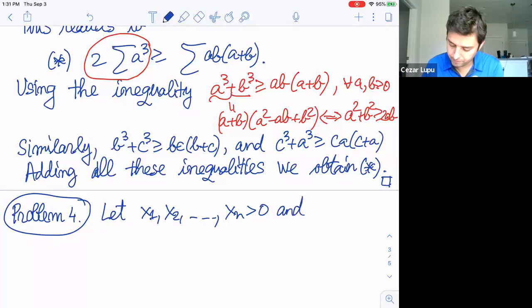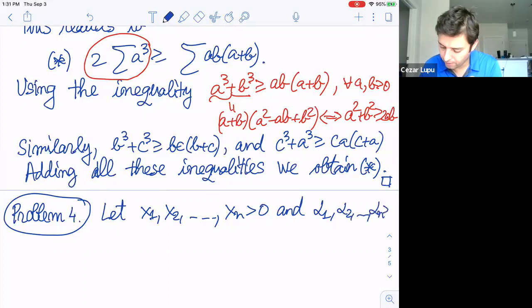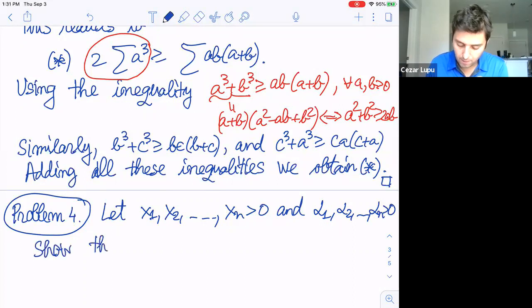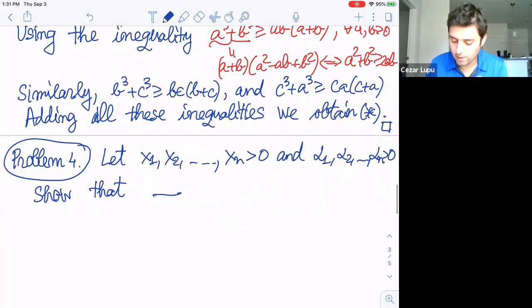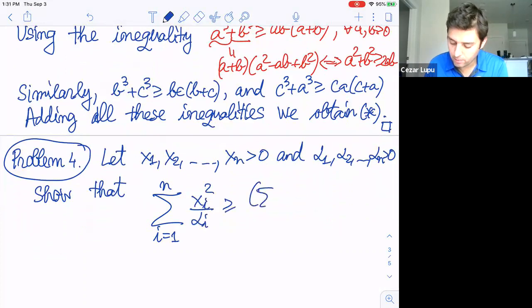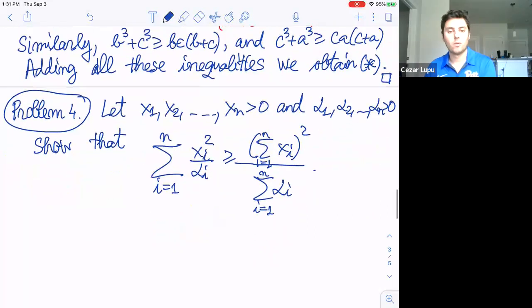Alpha 1, alpha 2, up to alpha n are positive numbers. Show that, okay, I'm going to write it like this: the sum of x_i squared over alpha_i is greater or equal than the sum of x_i, squared, everything over the sum of alpha_i.